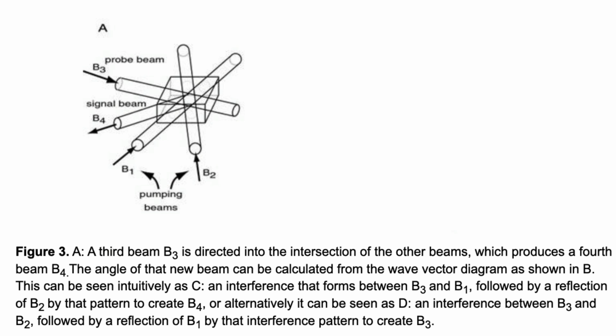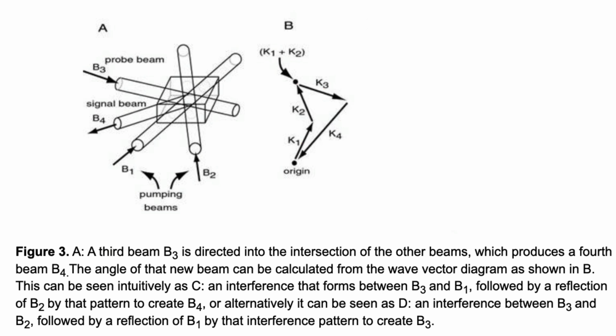The direction of that fourth beam can be computed from the vector diagram shown in Figure 3b by the principle that the fourth beam will exactly cancel or balance the sum of the other three vectors, or k1 plus k2 plus k3 plus k4 equals 0.